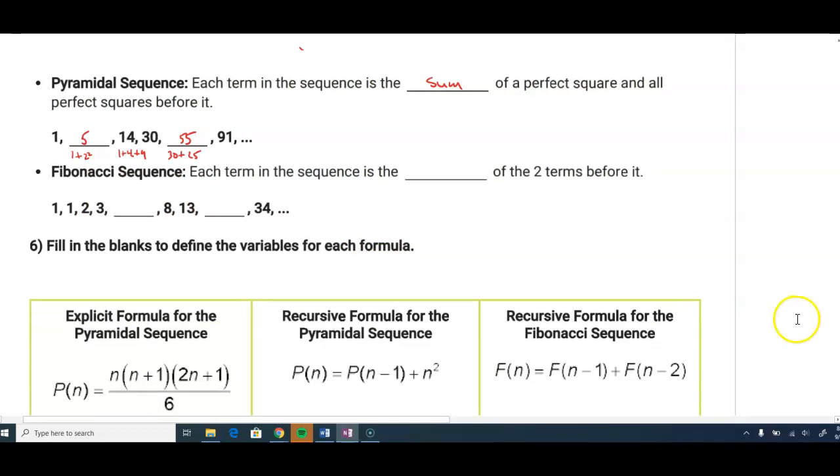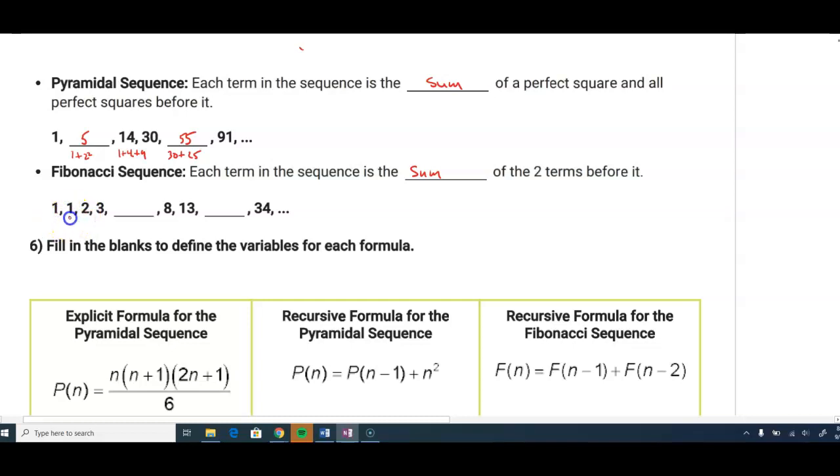Now, if you look at the Fibonacci sequence, each term in the sequence is the sum of the two terms before it. So when I look here, you have 1, then 1, then 1 and 1 gives me 2.